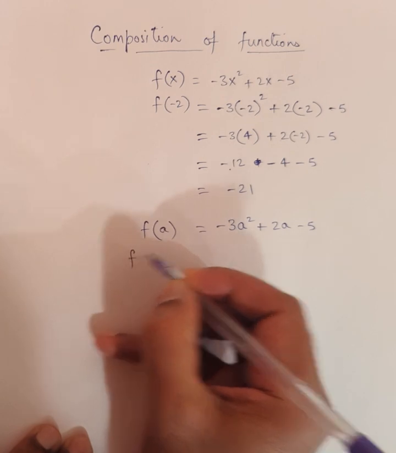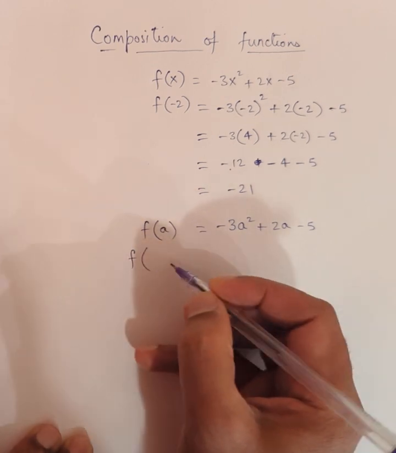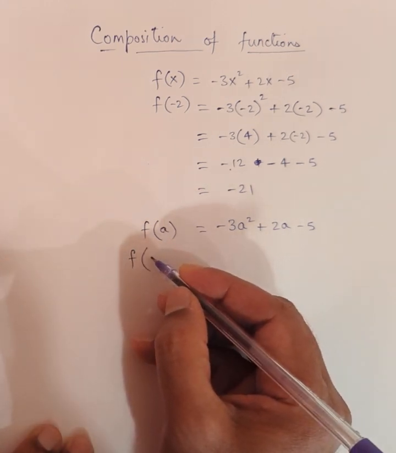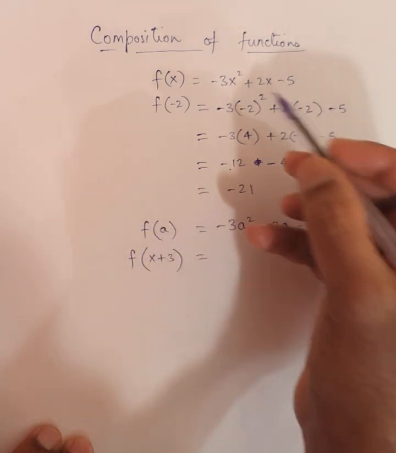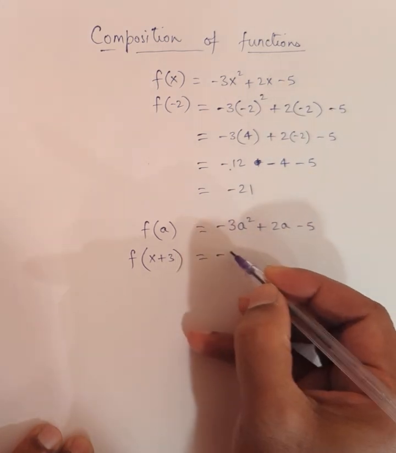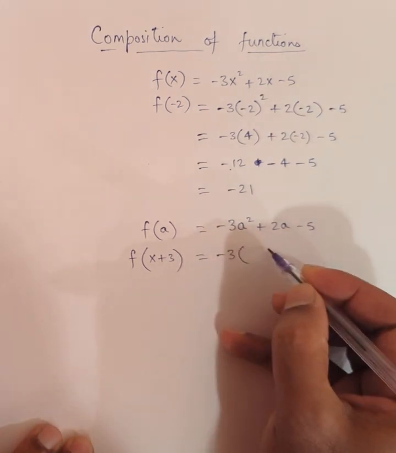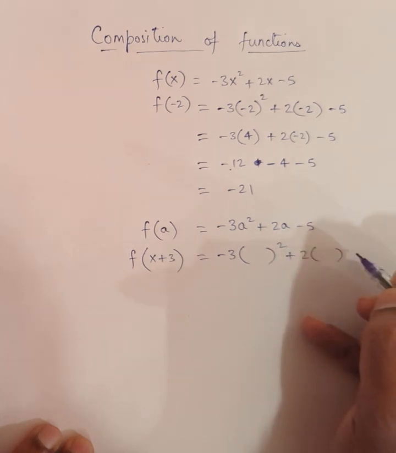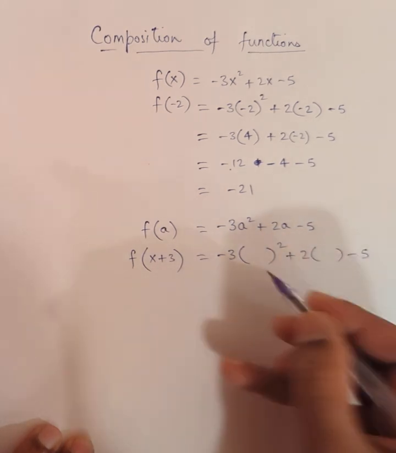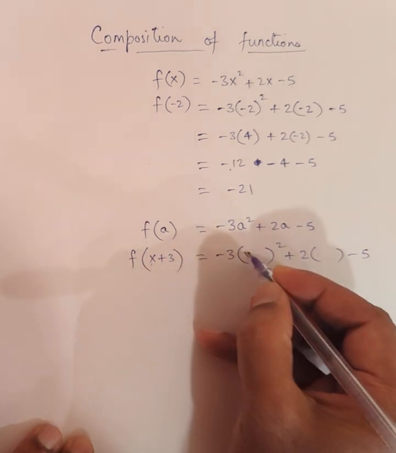But sometimes I may have to go a little bit further. I may be asked to do f of, say, x plus 3. In that case, again, I'm going to copy my formula except for the x part, and then I'll plug the input of x plus 3 here.